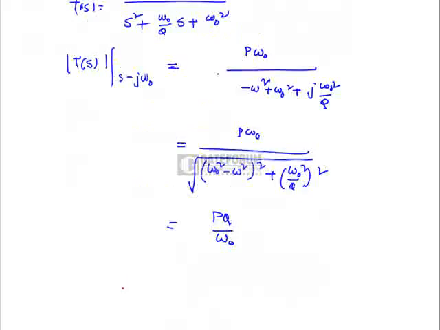So this is the magnitude. Now the gain for this particular filter is minus ZF by Z1, where ZF is R2 parallel with 1 by SC2, and Z1 is R1 parallel with 1 by SC1.